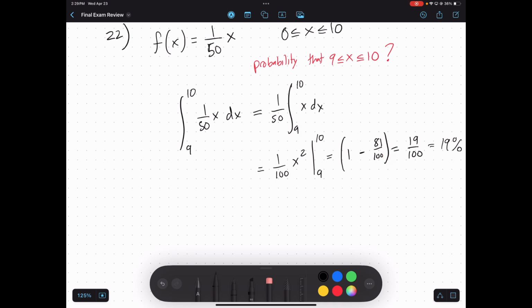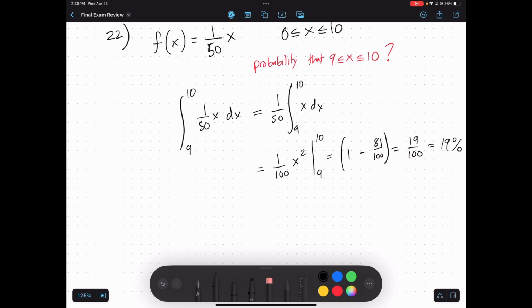Nice. Good. So there's a 19% chance that it'll end up in between 9 and 10. Notice how this isn't just a uniform distribution.